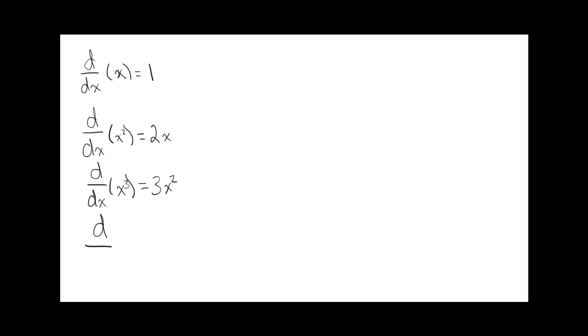You might start to notice a pattern. d by dx of x to the 4: if you don't trust me, you can check it on your own using the limit definition, it turns out to be that. So maybe you start to notice the pattern that the coefficient looks like it's just the power here. And what's happening to the power on this? Remember, that's power of 1.